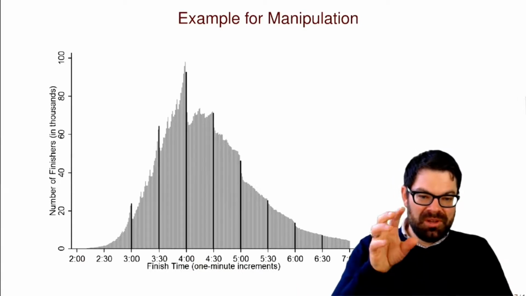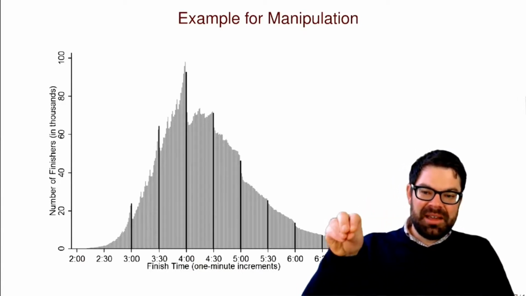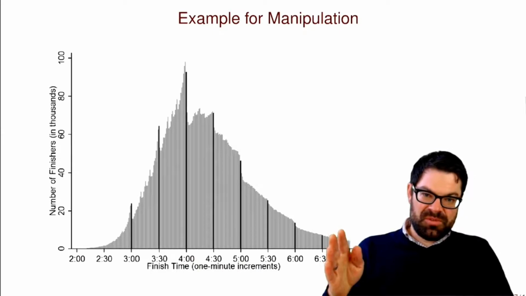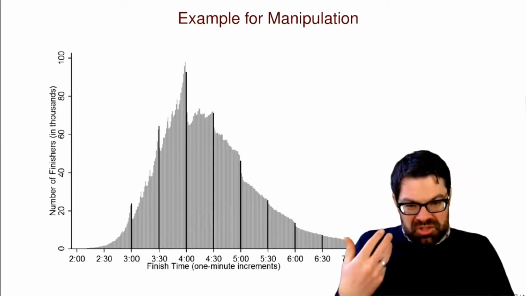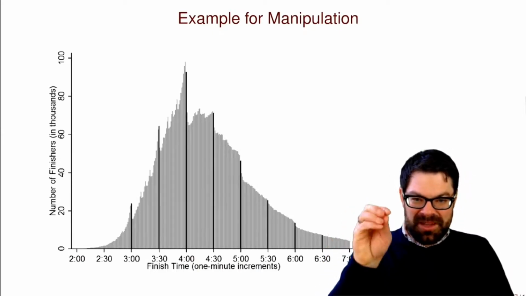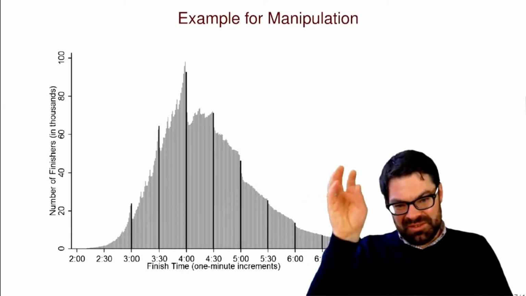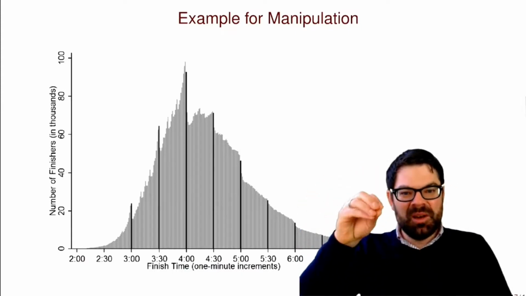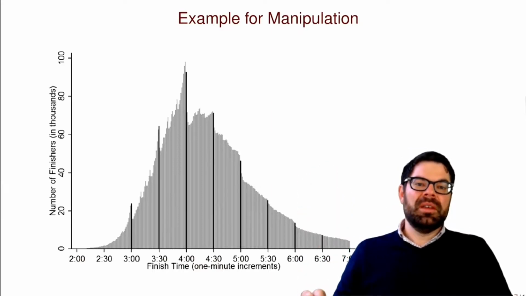And so you can very clearly see here that the number of finishers always has these spikes just below those thresholds. It's not that people are cheating in the race, but if they have a chance to be below the threshold, they do everything that they can to be below this threshold because it's this particular achievement.